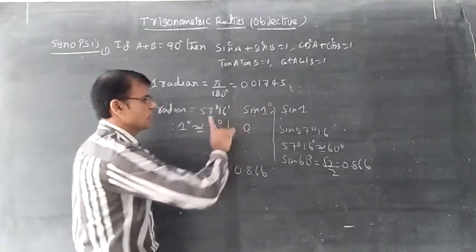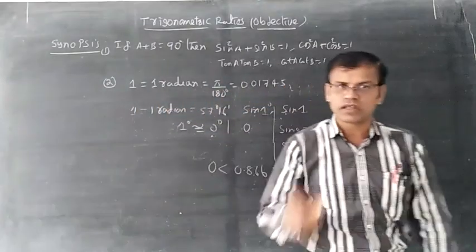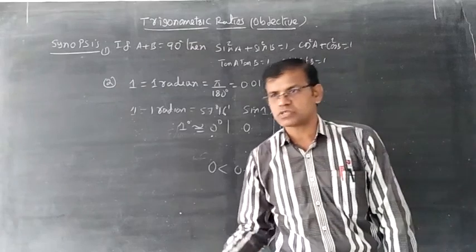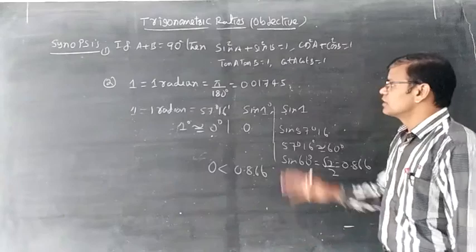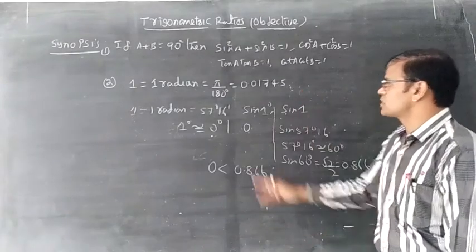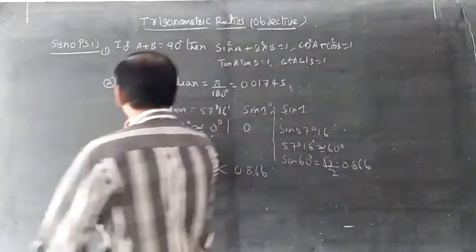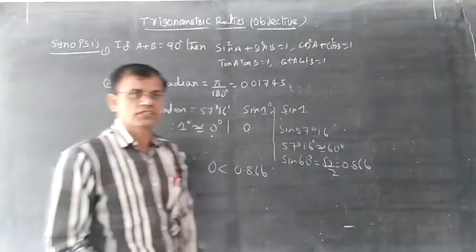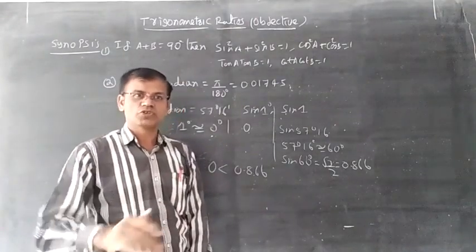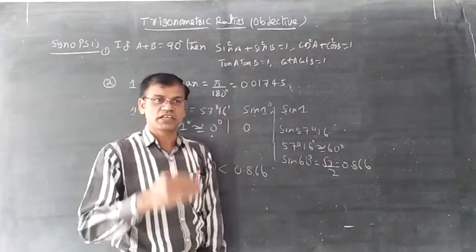Whenever they give sine 1 degree or sine 1, or in the similar way cos 1 or cos 1 degree, secant 2 or secant 2 degree, every time you can understand that 1 simply means 1 radian, it is not degree. That is why we should mention, for example, sine 90 degrees.